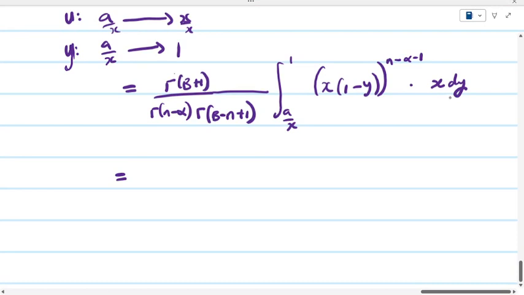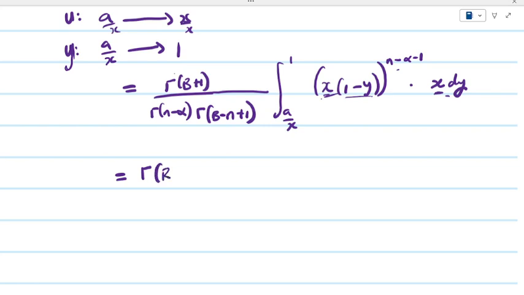Since I'm differentiating with respect to y, I can bring this x outside because it's a constant, and this x also has a power, so I can take it outside too. Don't forget this power is for both this term and this term.